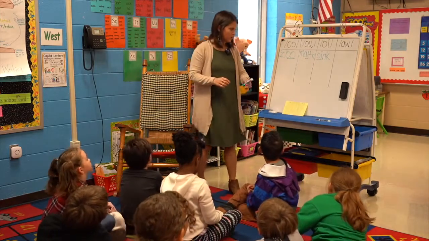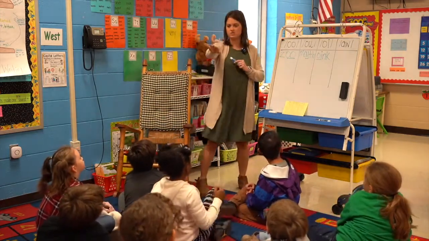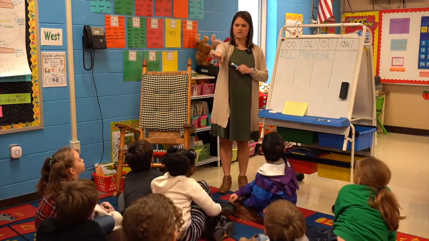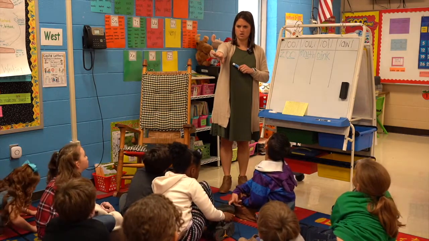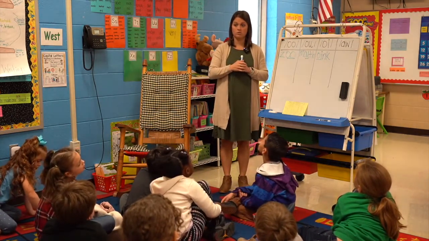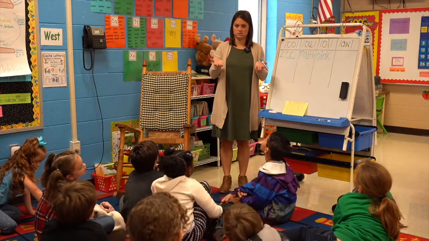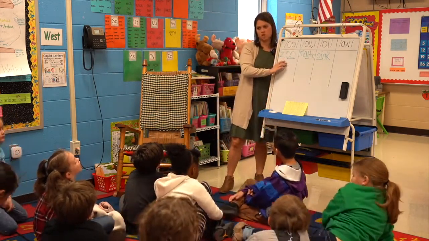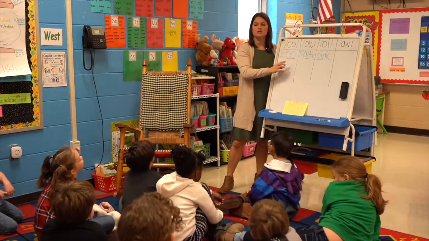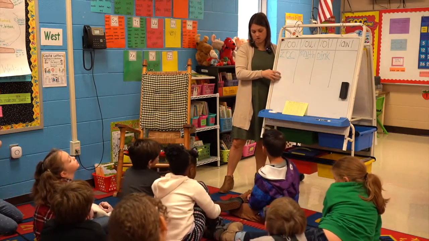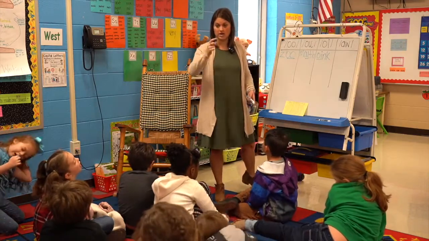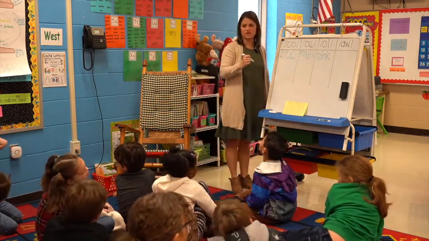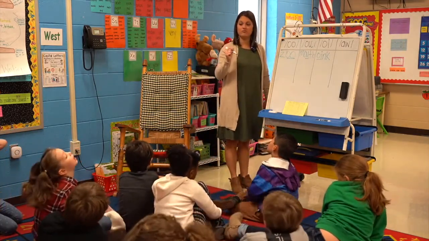All right, here we go. Amelia, will you help me? I didn't ask you this question, though. What sound do you hear in foot? What says ooh? Double O. So we've already heard the first sound double O makes, which is ooh. Now we're going to look at the other sound that double O makes, which is oo, okay? So good. All right, I want you to tell me, what's the first sound you hear, Amelia, in foot?